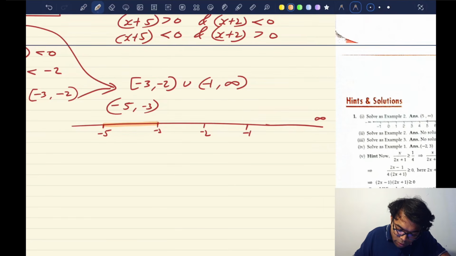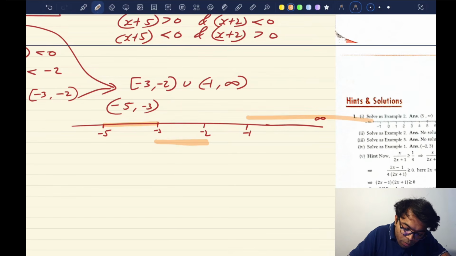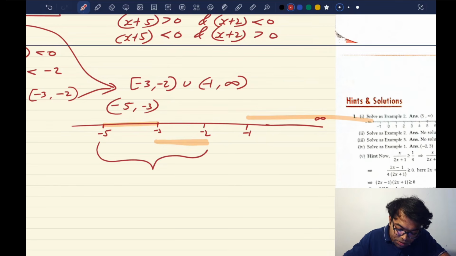Then you have minus 3 included to minus 2 here, and then you have minus 1 to infinity. So can you merge these two, Drupad? Because in this interval, minus 3 was not included, but minus 3 is included here. So can you combine them and write it as minus 5 to minus 2?